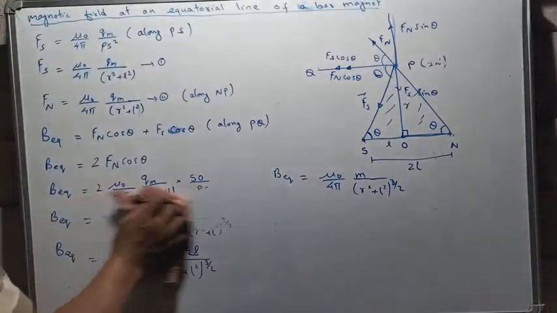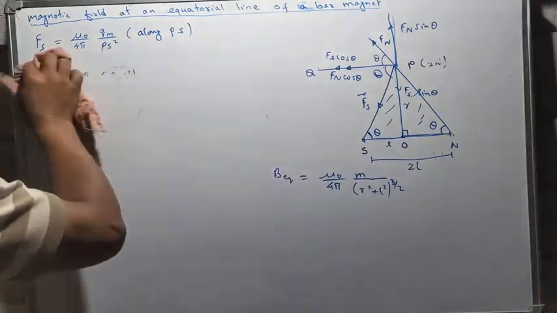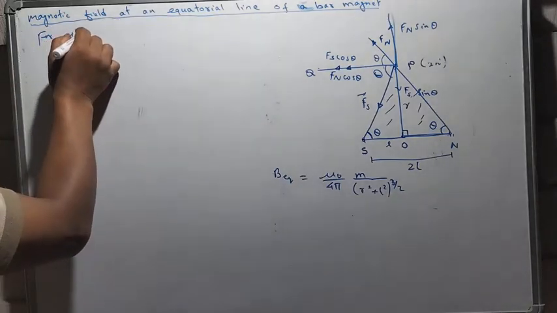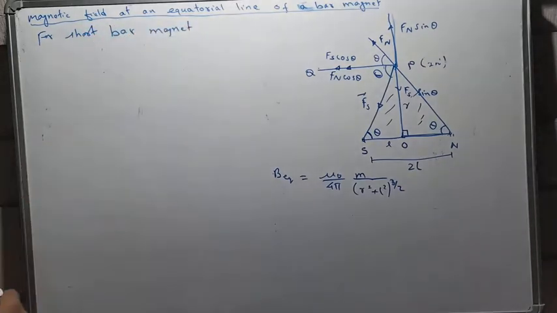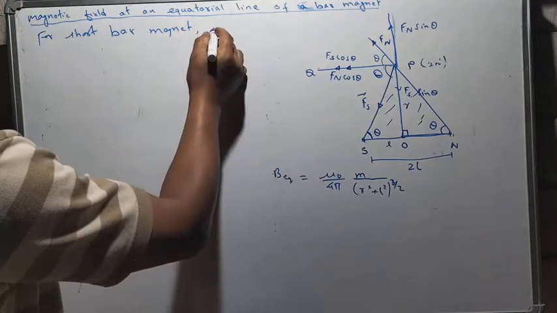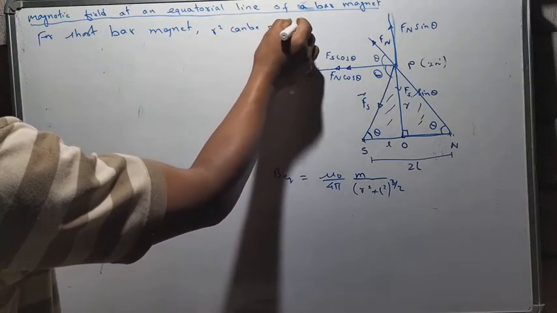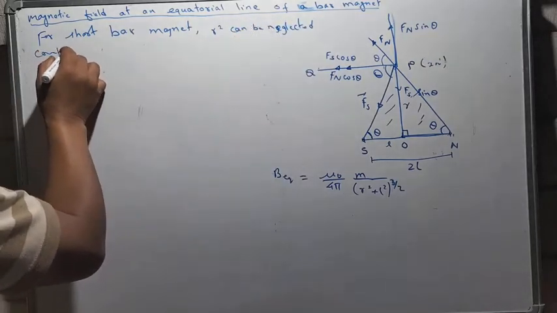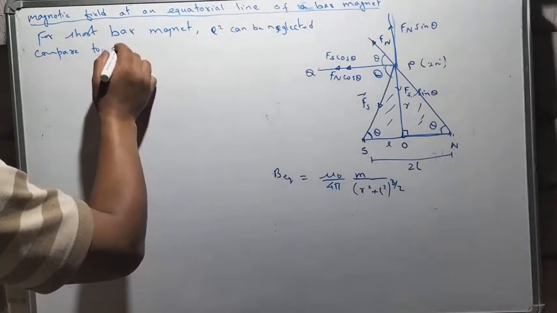So now, let us come to a special case, that is for a short bar magnet, or we can say for a short magnetic dipole. L square can be neglected compared to R square.